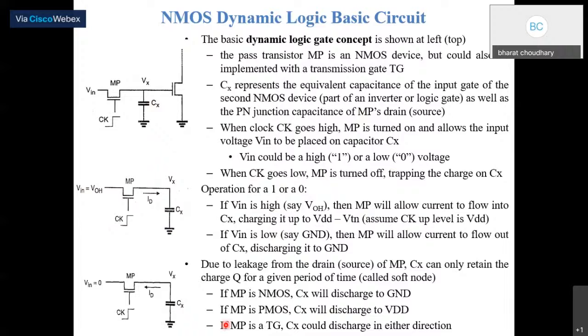And if this transistor is a transmission gate, this capacitor could discharge in either direction, because it is made up of the combination of PMOS and NMOS, so it may discharge in either direction, either to the VDD side or the ground side.